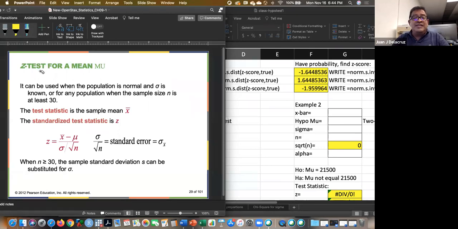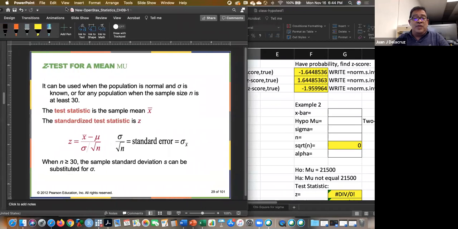So we are going to use the C-test for the mean mu. We are going to use a sample, and that sample is going to provide the statistical power to allow me to prove or disprove that claim.